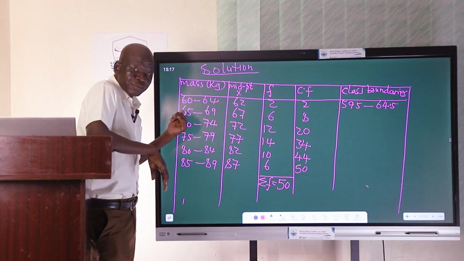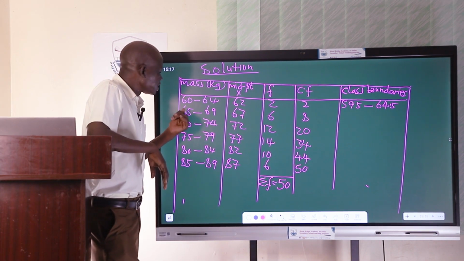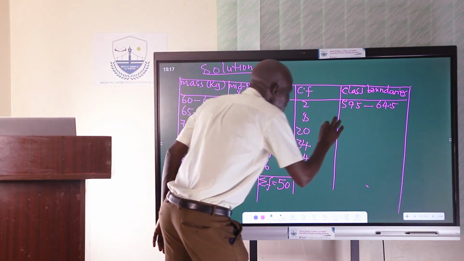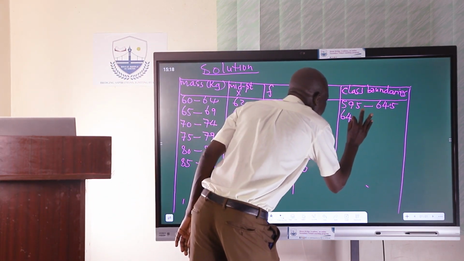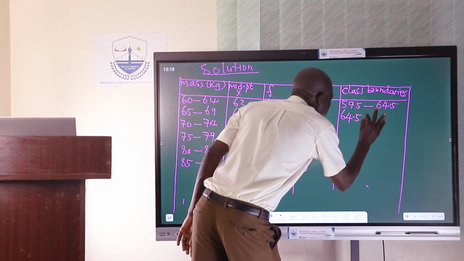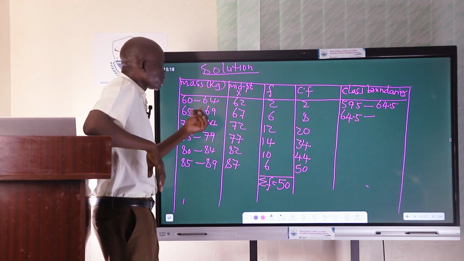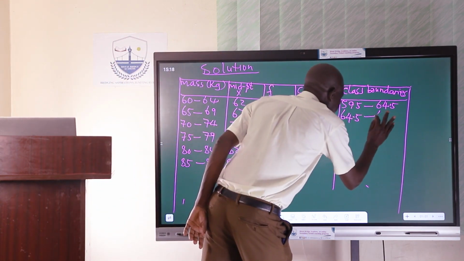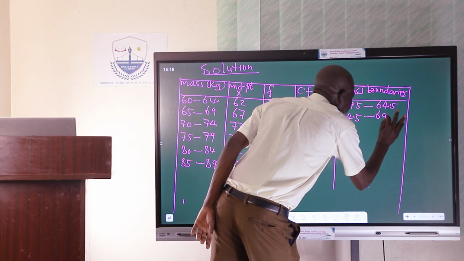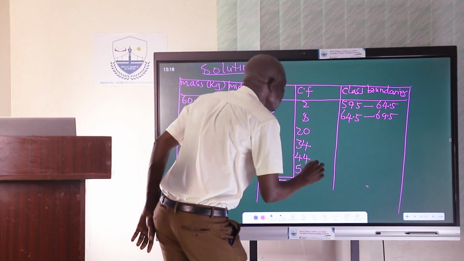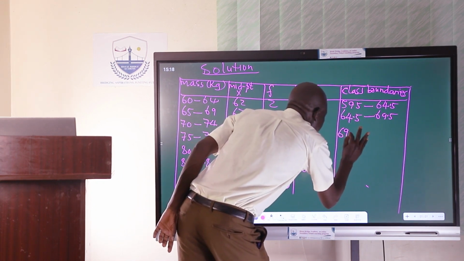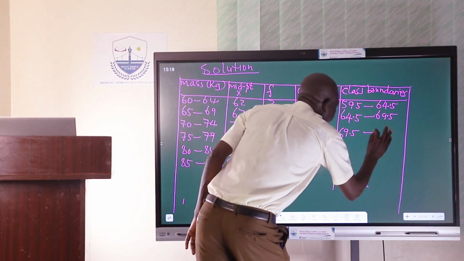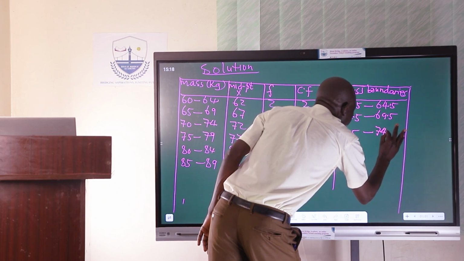To get the lower class boundary here, we get 65 minus 0.5, giving us 64.5 to 69 plus 0.5, we get 69.5. The next one here will be 69.5 to 74.5.